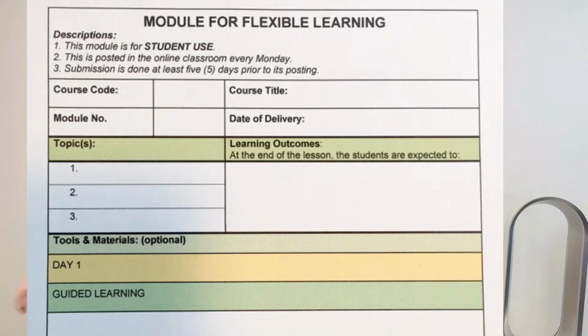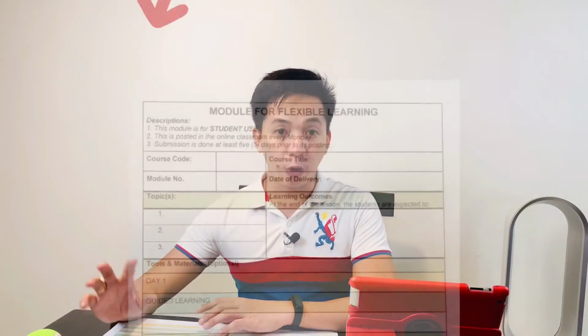So with the new module, you will see still the same as the previous module that you have used, but still I'm going to discuss and orient you on, as I mentioned, every aspect or feature of the latest or revised module that you will be using. So you have there the course code.